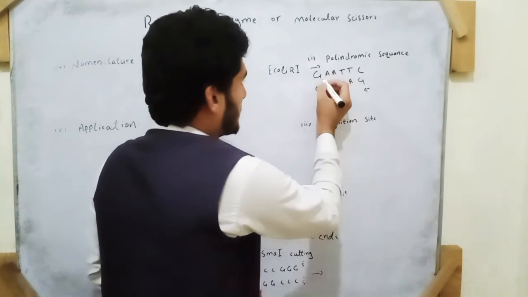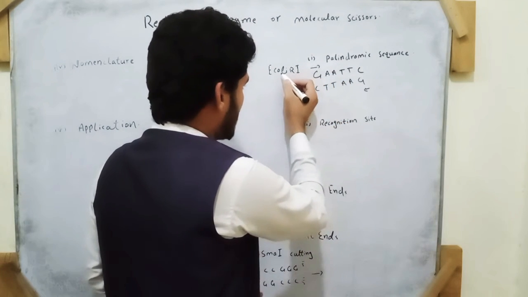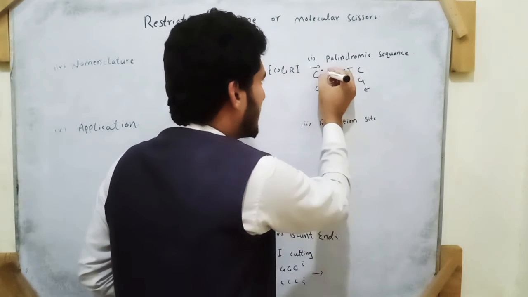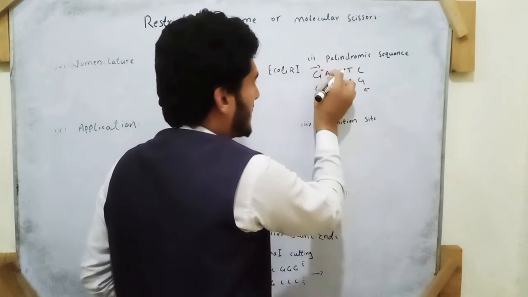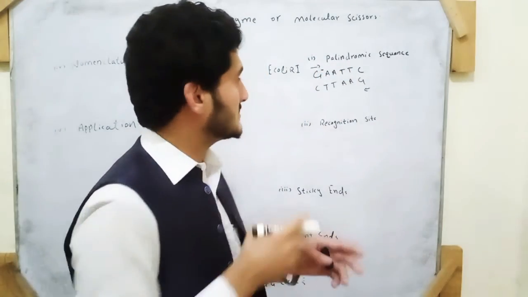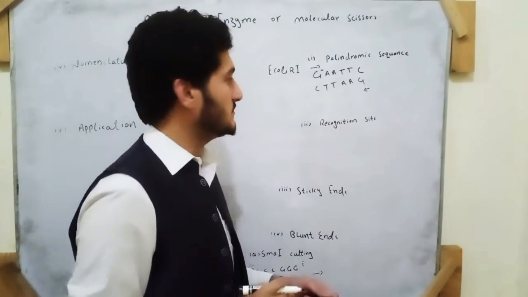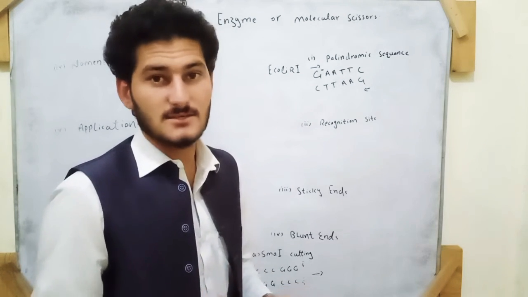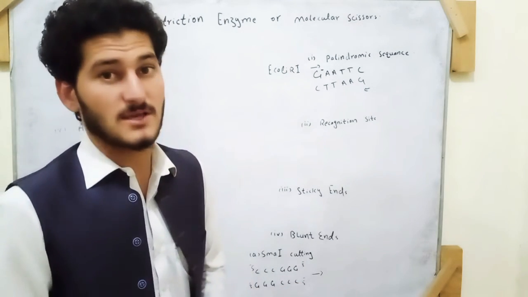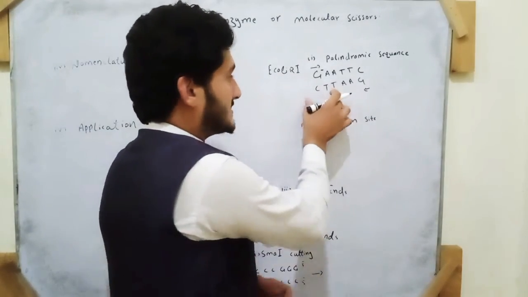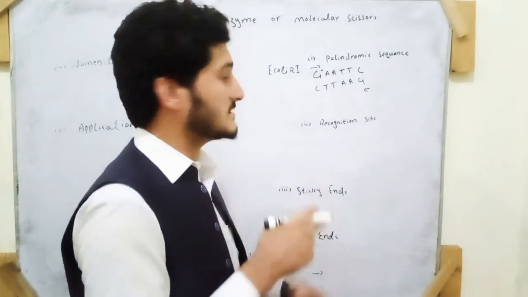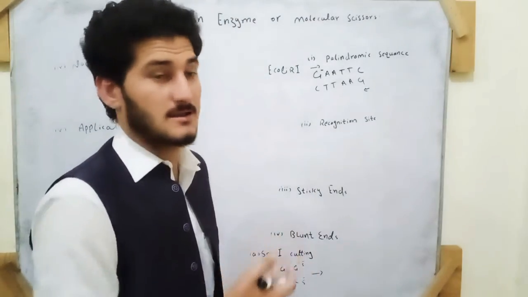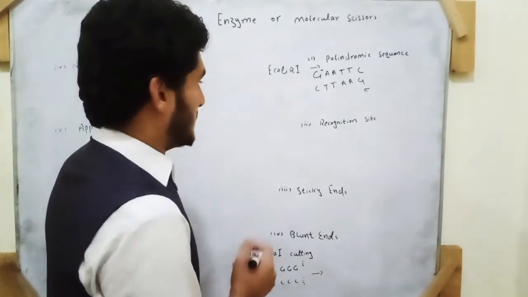EcoR1 comes here and cuts between the G and A of this nucleotide sequence. They make different types of ends, like sticky ends, blunt ends, or cohesive ends. So this is the recognition site to which the restriction enzyme attaches, and we call it the restriction enzyme recognition site.